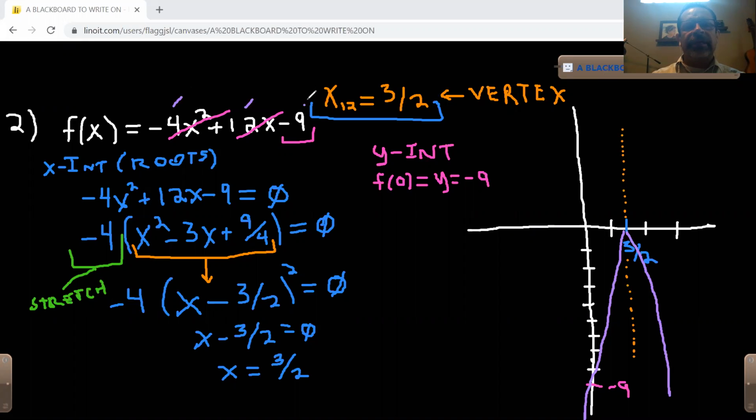So remember that in class we mentioned 2 forms. Remember that we saw the general form that was ax squared plus bx plus c. And then there's the one that has the vertex.